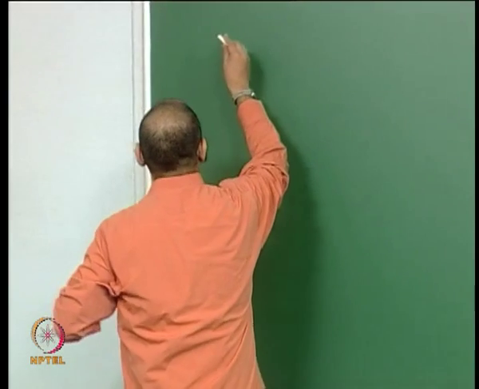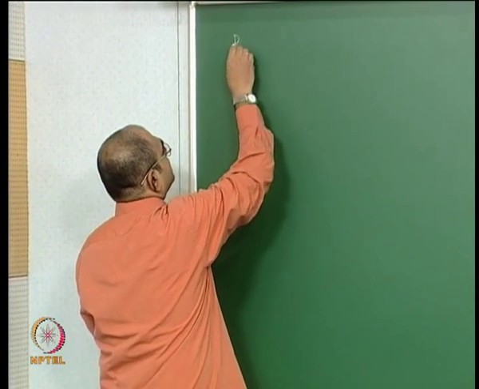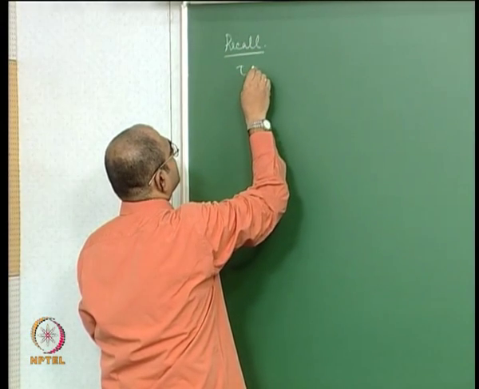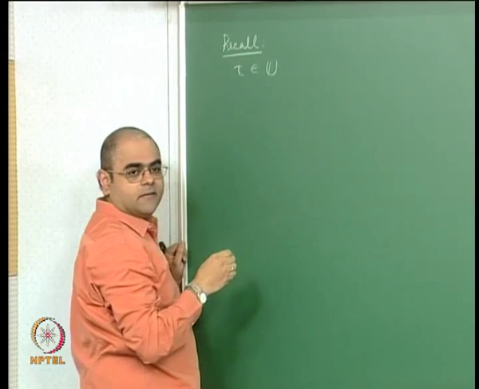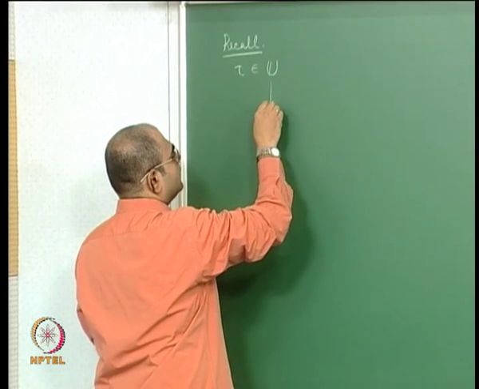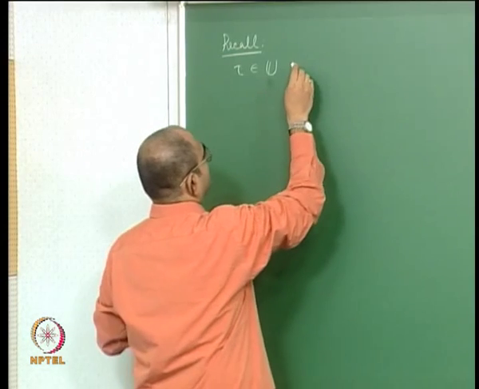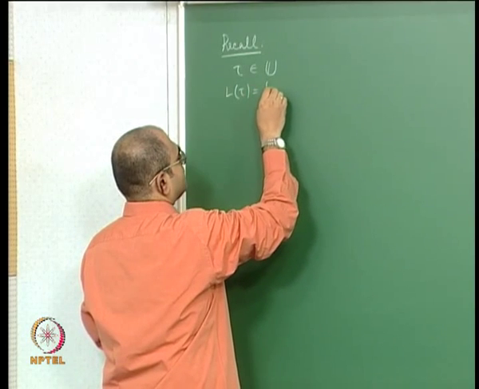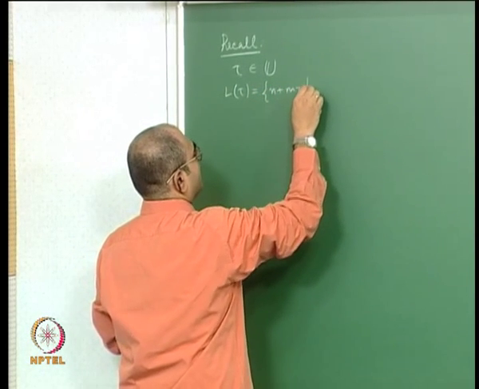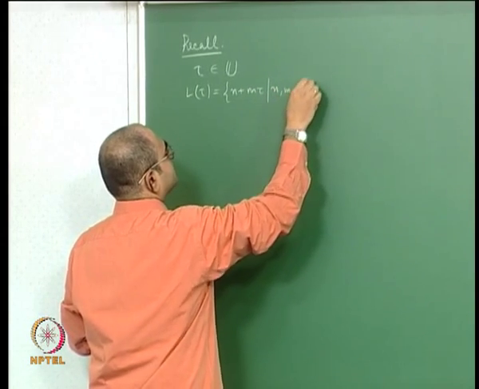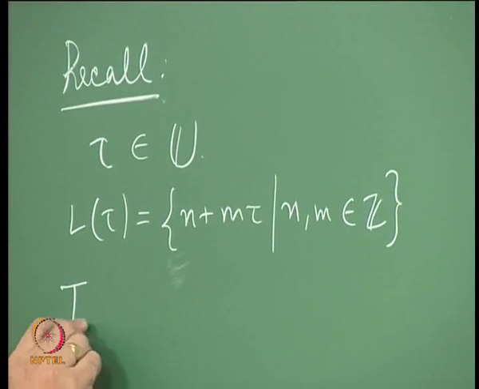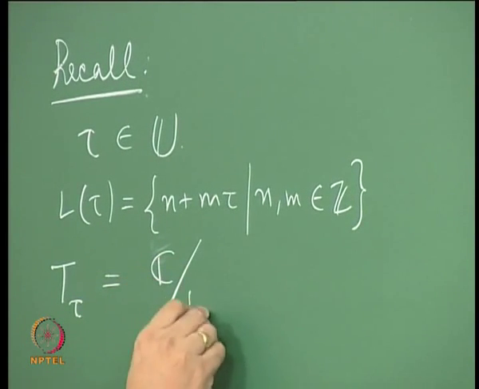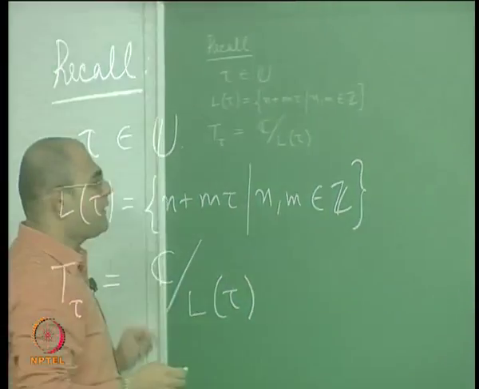If you recall, we start with tau in the upper half plane, and then you have the lattice defined by tau, which is the set of all n plus m tau, where n and m are integers, and then you have the torus defined by tau, which is the complex plane modulo this lattice.